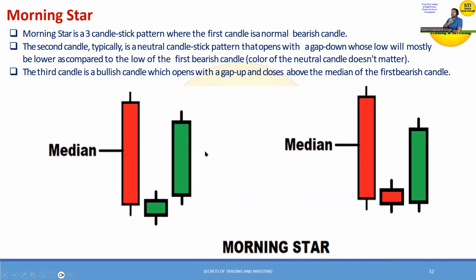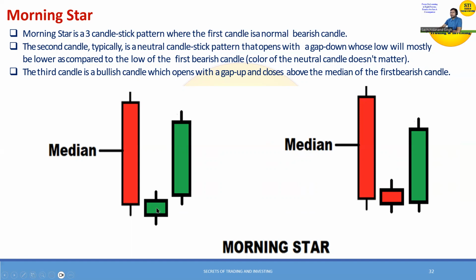Next one is called morning star. Morning star is basically a three-candlestick pattern where the first candle is red. The second candle doesn't matter, it can be red or green, but comparatively it will be a very small candle with a small body.